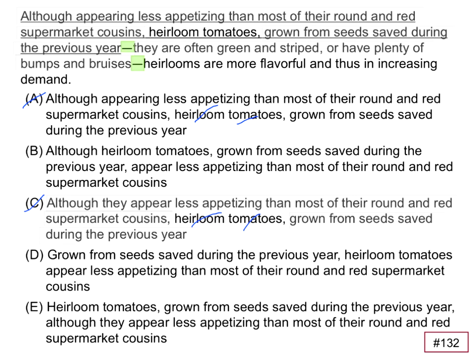They move things around in E. Heirloom tomatoes is up front. Grown from seeds is still a modifier. Although they appear less appetizing, it's still a modifier. They just moved stuff around. But still, heirloom tomatoes is hanging out there by itself. A double subject. All right, sweet. So we got rid of A, C, and E. Whew, all right, what about between B and D?